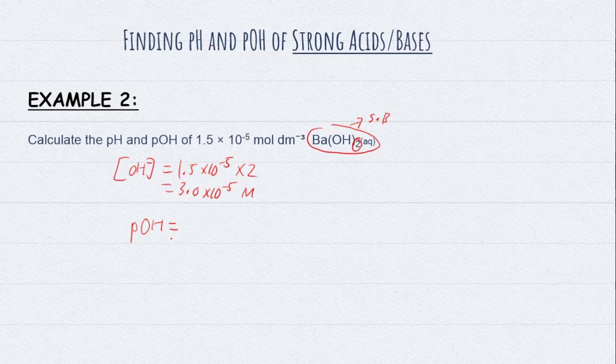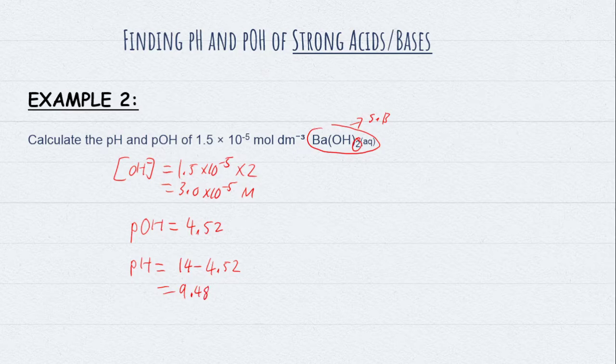We're now applying minus log to OH-, hence pOH equals minus log of 3 times 10 to the power minus 5. That would then give us 4.5228, 4.52. For pH, once again, room temperature, 14 minus 4.52, 9.48.